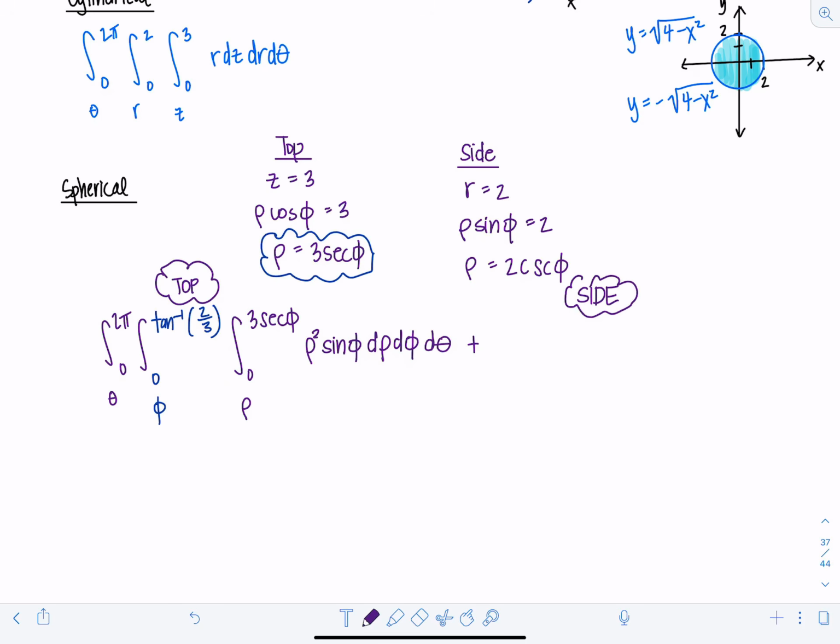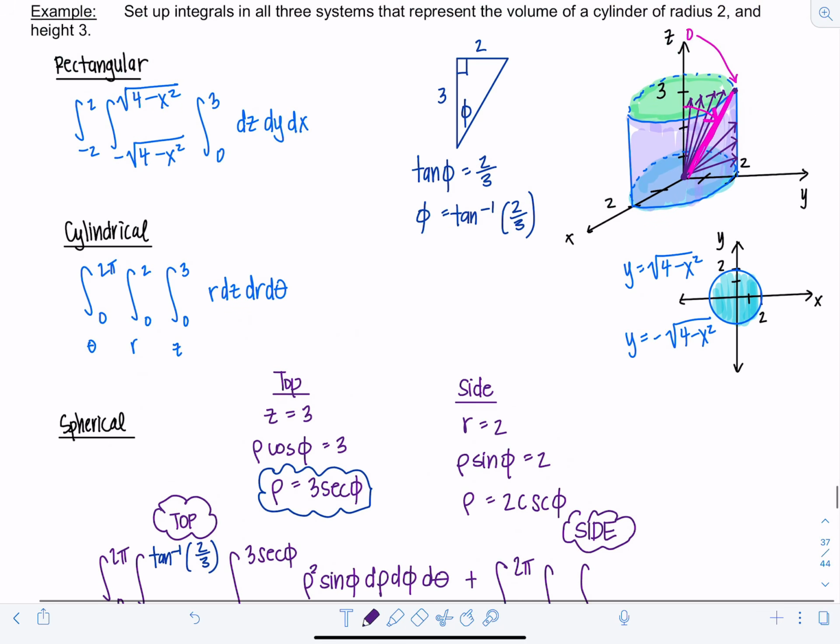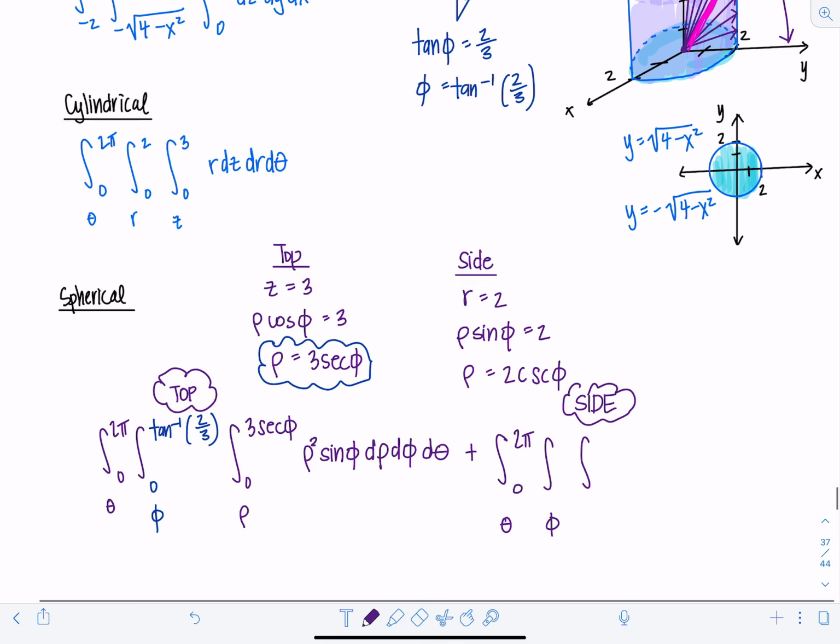Now this one's going to use the side. Rho is going to be determined by the side. So theta is still the same, 0 to 2 pi. Now this time for phi, be careful, go back to your picture. It's going to pick up where the other one left off at tan inverse of 2/3, and it's going to go all the way until phi is pi over 2 right there, when it hits the positive y-axis.